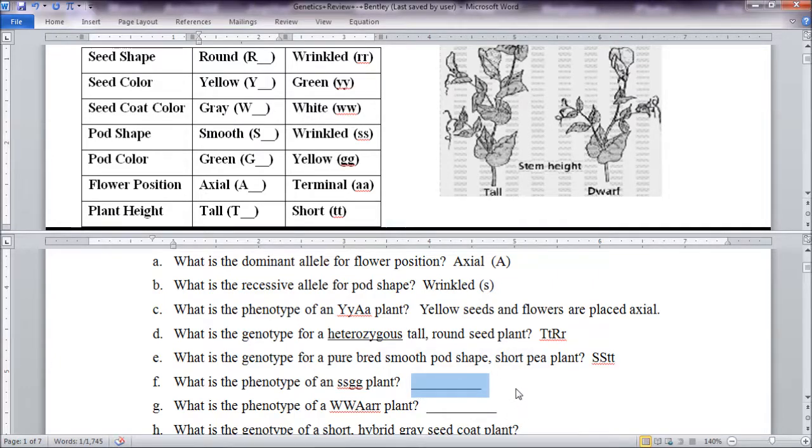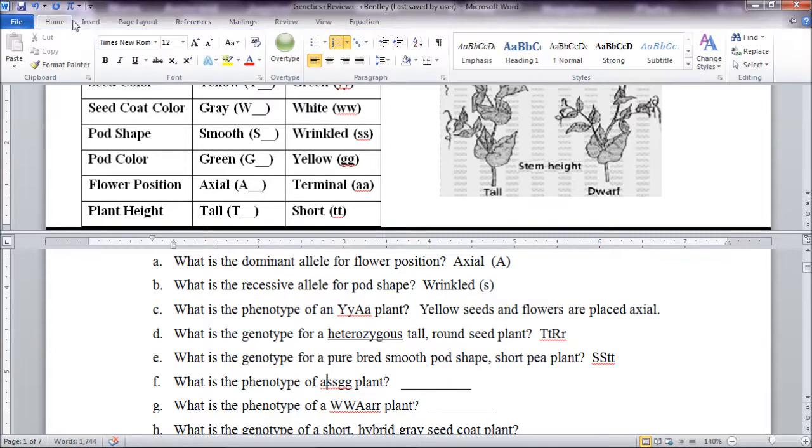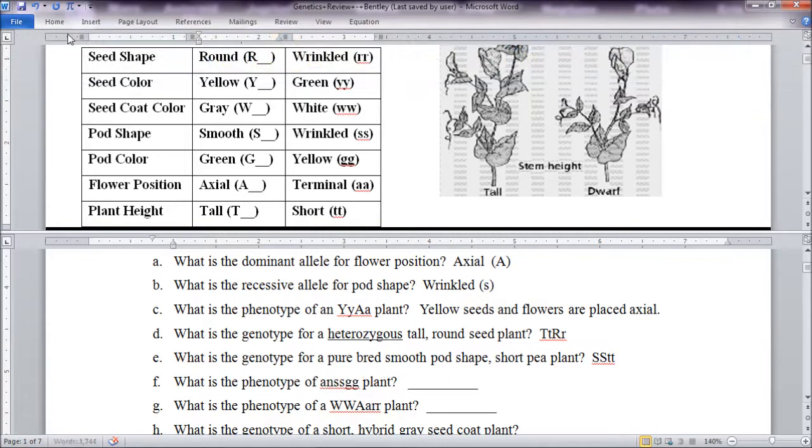The phenotype of an SSGG plant. Oh, I guess it should be an, starts with that vowel sound. Alright, so the phenotype of an SSGG plant will be two small s's, which makes it wrinkled.